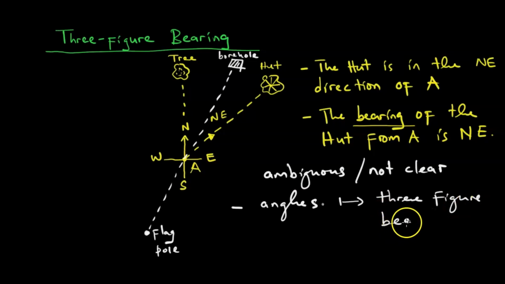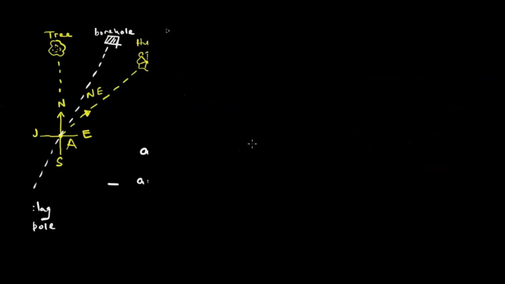Three-figure bearing. So let us demonstrate what that means. That is our diagram, showing the four things which are surrounding point A, and of course we are referring to A as the starting point.